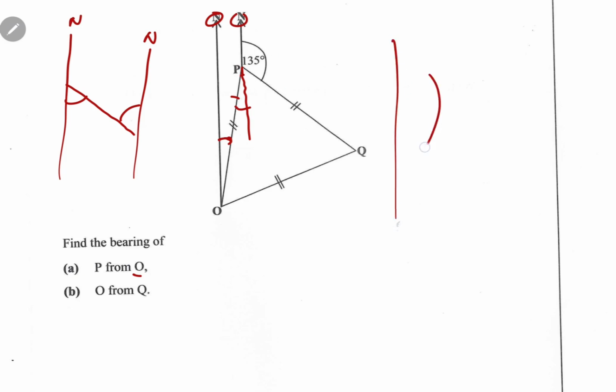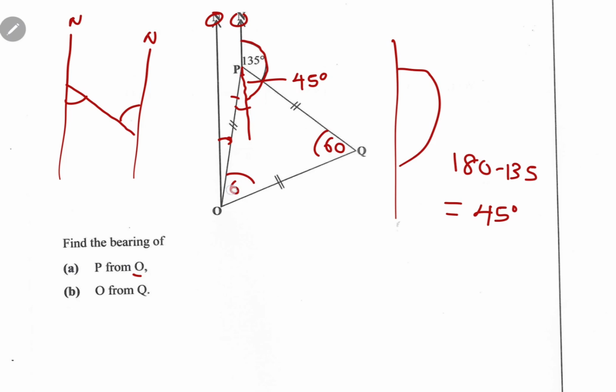Now you know that a straight line is 180. So from here up to there is 180. Now what is this part that is remaining from 180? So 180 minus 135, that part is 45 degrees. Another thing, we've been told that this is an equilateral triangle and it has angles inside of 60, 60, 60.